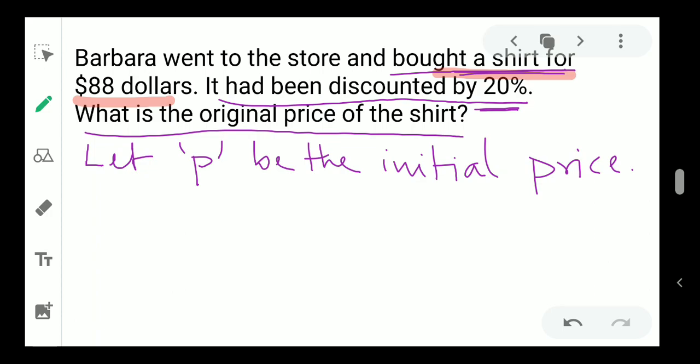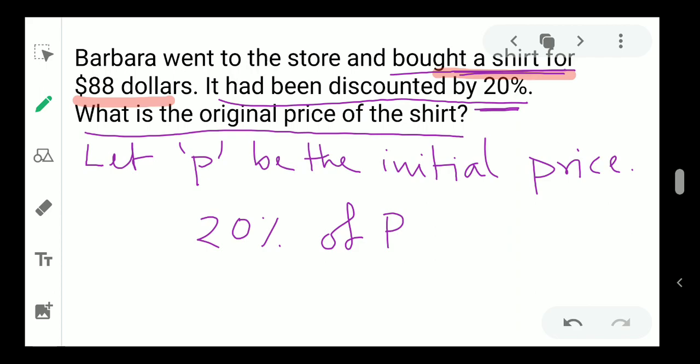Let's say P is the initial price. So what is the discount? The discount is P into 20%, that means 20% of P, right? Better I write it in that language so that you can understand nicely that 20% of P is the discount, not the discounted final price.